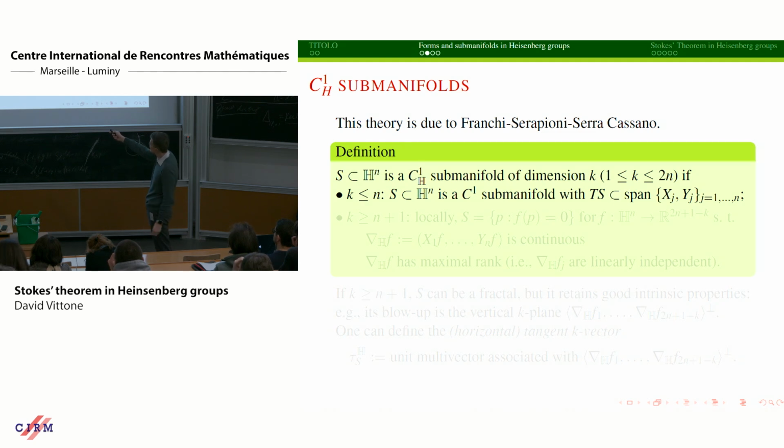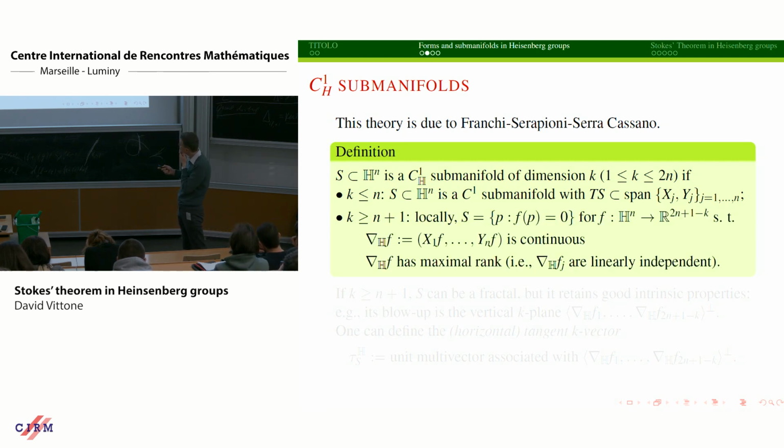A C1H submanifold of dimension k less than or equal to n is simply a Euclidean C1 submanifold which is tangent to the horizontal distribution, okay? So for instance, in dimension 1 you have horizontal C1 curves, okay? In general you have surfaces which are tangent to the horizontal distribution. It's well known that such objects exist up to dimension n, and not of dimension n+1 or higher.